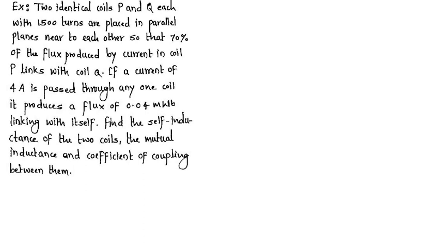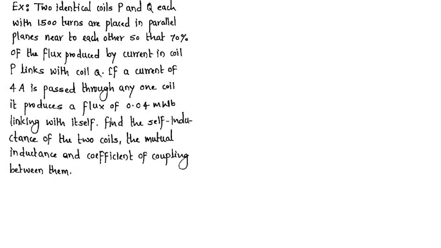So please pay attention to the word identical over here. So two coils are identical in all respect to each other. It means that 70% of the flux produced by current in coil P links with coil Q. It also means that when coil Q carries current, it will produce some flux, out of which 70% will link with P as well.